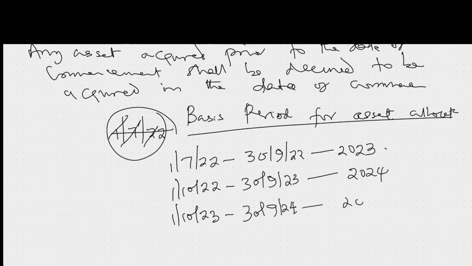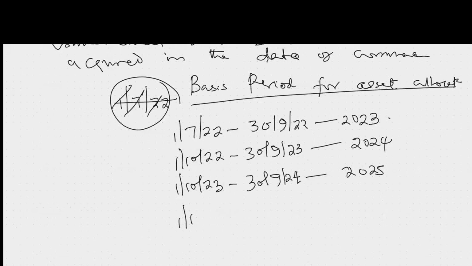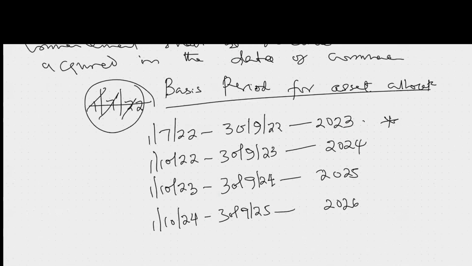Next, a day after that, 2026, and so on and so forth. Now, that first asset, the asset that was acquired, will fall in this period because the acquisition date falls within the commencement date. Now, when you look at the commencement date in 2023, is our basis period up to 12 months?